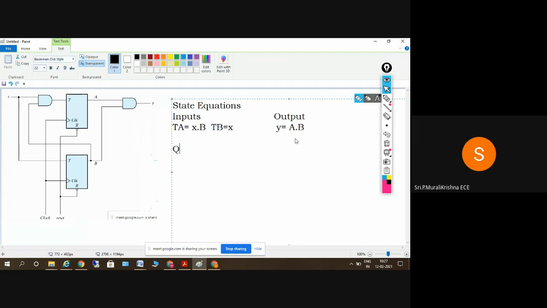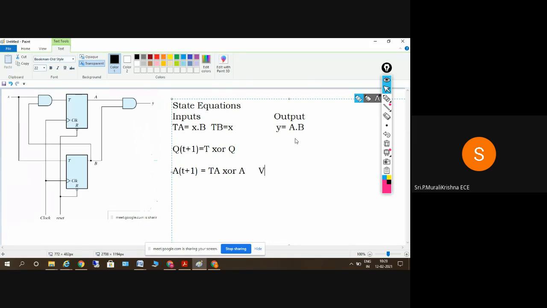Generally, q of t plus 1 is equal to, what is q of t plus 1? The characteristic equation of the T flip flop: T exclusive OR of Q. Yes or no? So now a of t plus 1 is equal to TA XOR of a.